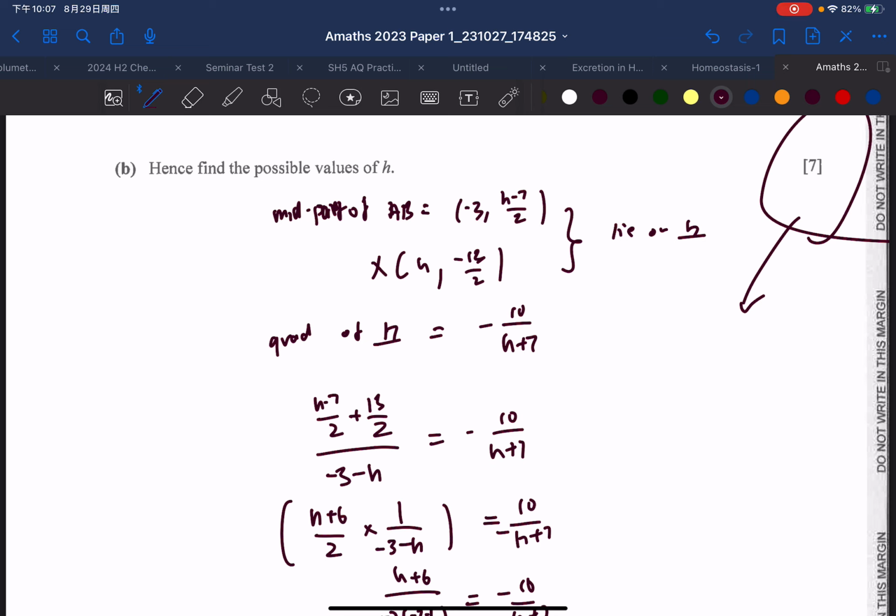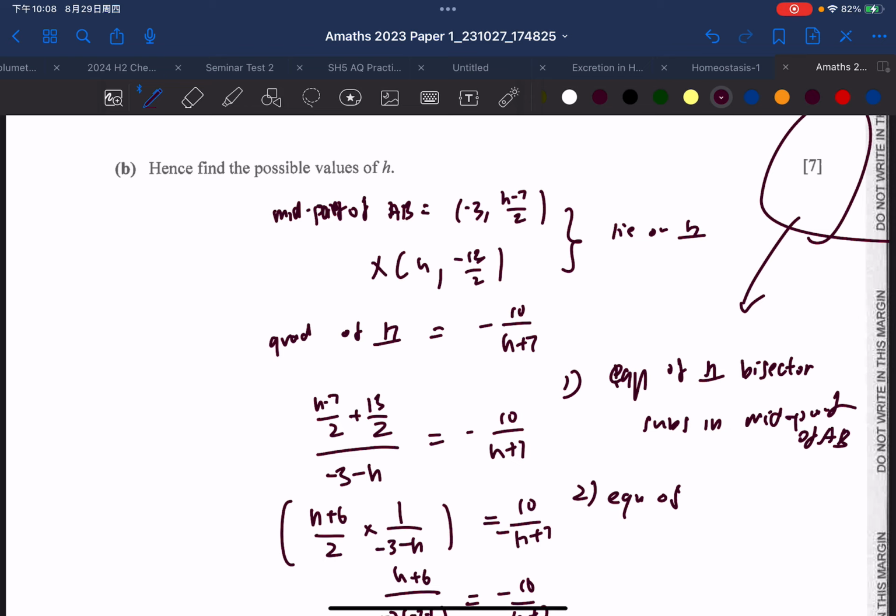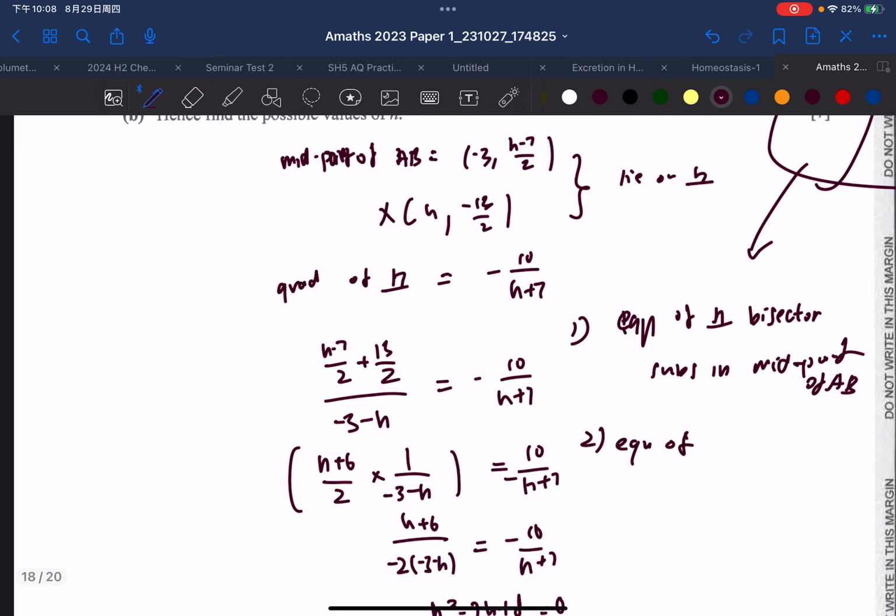Because some students will find the equation of the perpendicular bisector. Then they sub in the midpoint of AB. This is one way. Another way, they find the equation of your line AB.